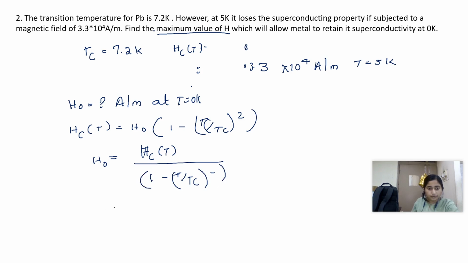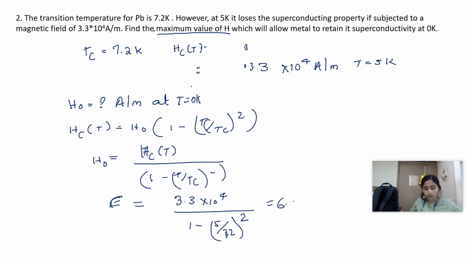So it will be 3.3 times 10 to the power 4 divided by 1 minus 5 divided by 7.2, whole square. It will be 6.37 times 10 to the power 4 ampere per meter.